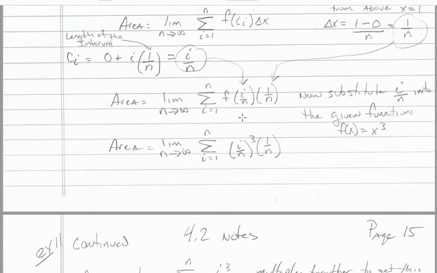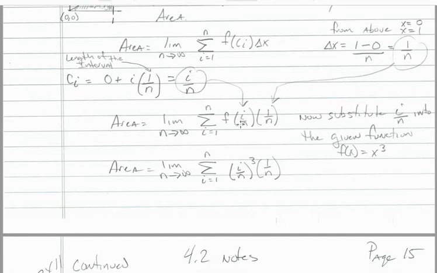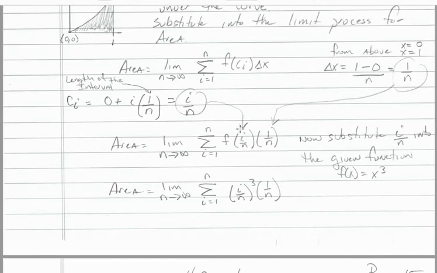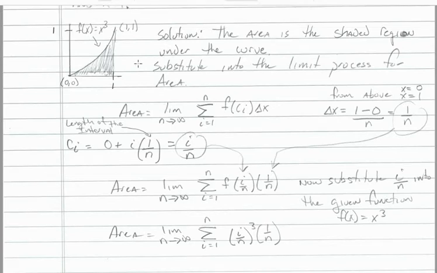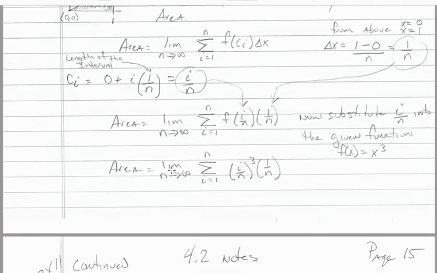So notice we take i over n. That's our right-hand height on the curve, and we substitute that into the equation. Our original equation up here is f of x equals x cubed, so that's why in the next step you see i over n cubed.